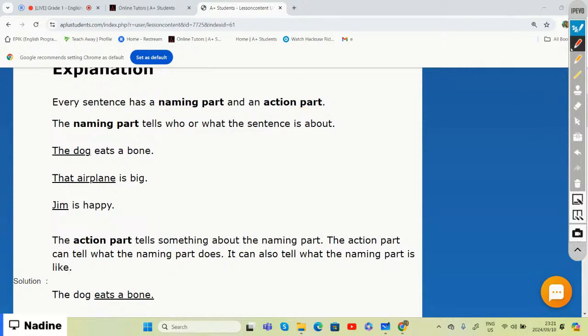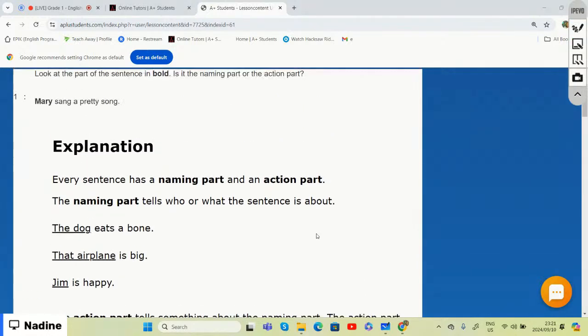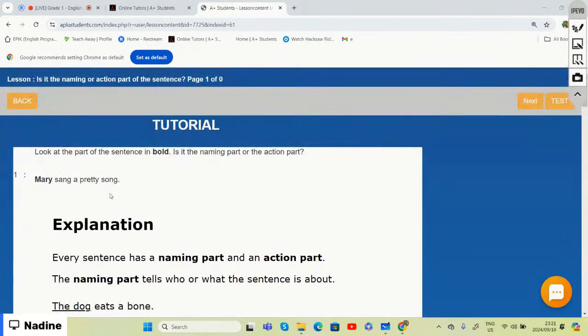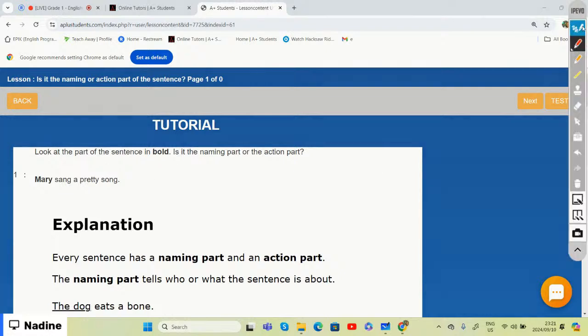All right. So now we're going to do a little activity before we go to our test. It says, look at the part of the sentence in bold.